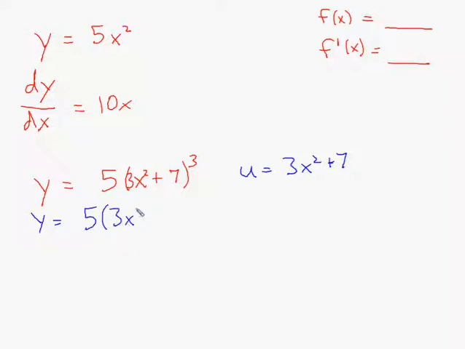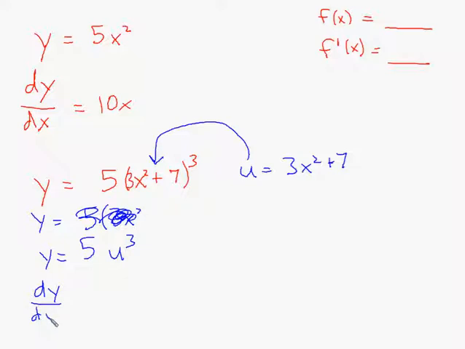What this means is I take the derivative of this with respect to u, and then I take the derivative of u with respect to x, and multiply those. And I will get the derivative of y with respect to x. So, why does this work? Although it's not really working like this, you think of the concept of fractions, the du's cancel, giving me dy dx. So, I take the derivative of this part, and I take the derivative of this part.